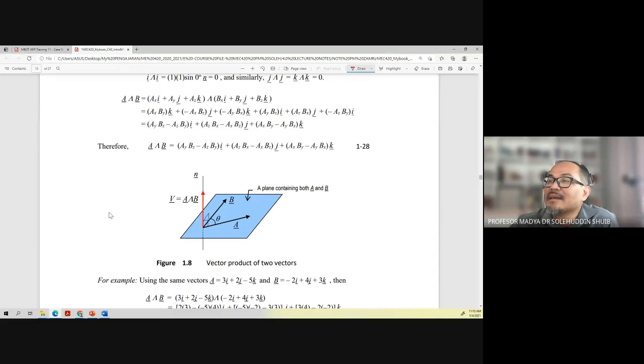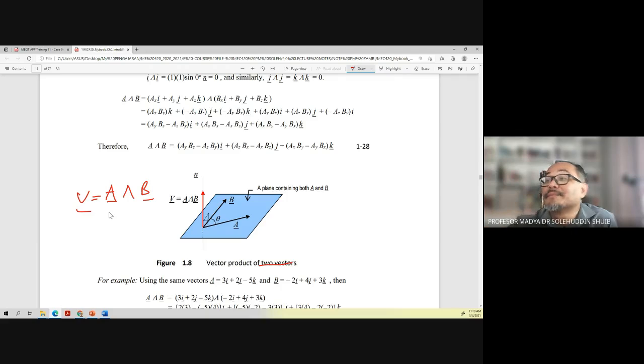Vector A and vector B lie on the same plane, and the perpendicular to this plane is the normal axis. So vector V equals vector A cross B, the vector product of two vectors.